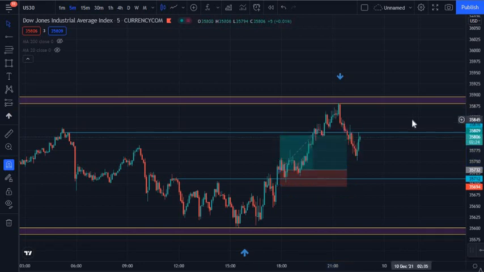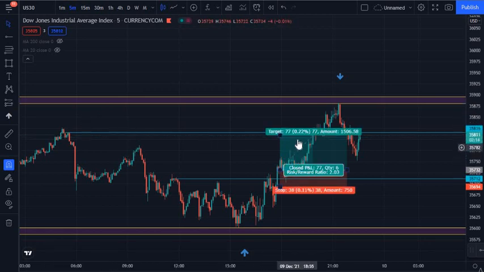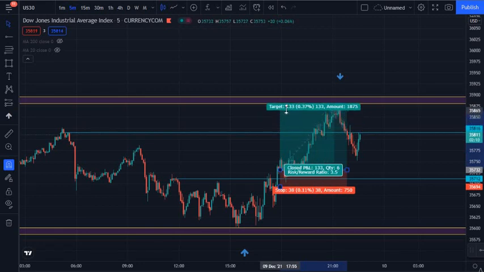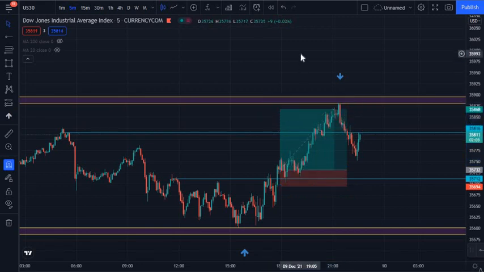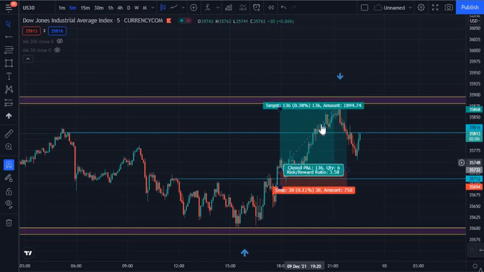We determined our TP based on this. Our first TP was that, then our second TP was that, and as you can see, price did push up and traded from zone to zone.